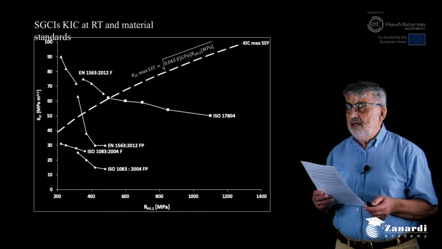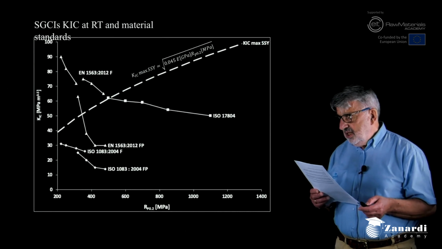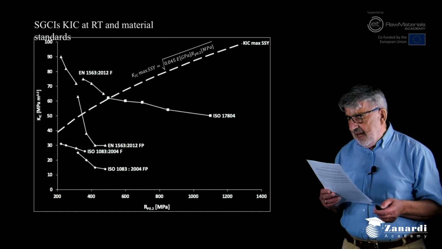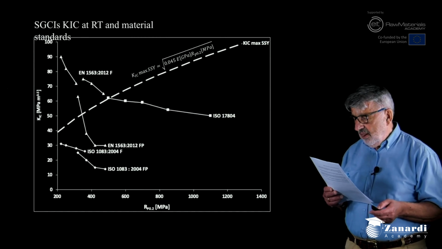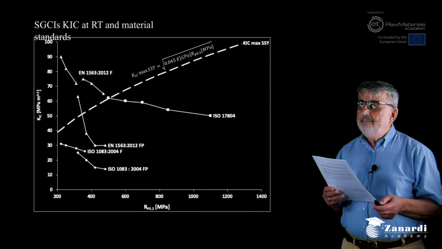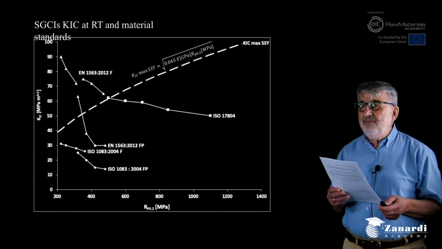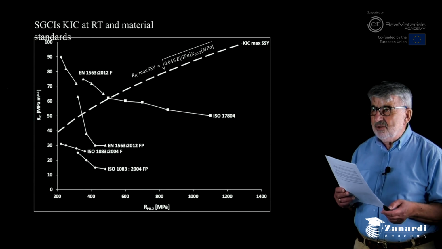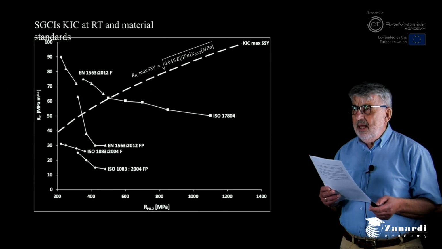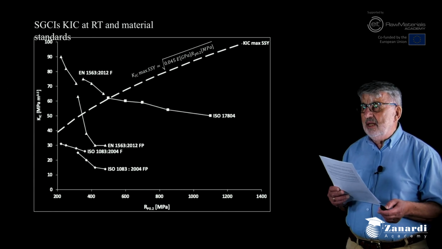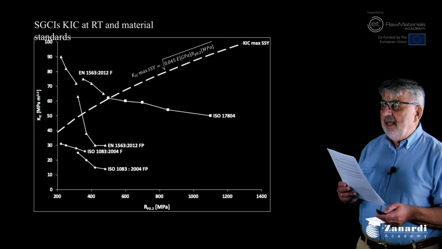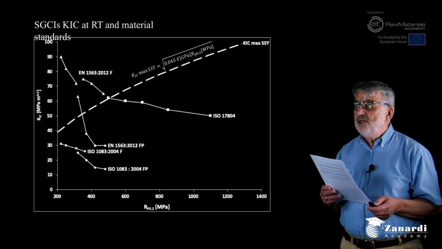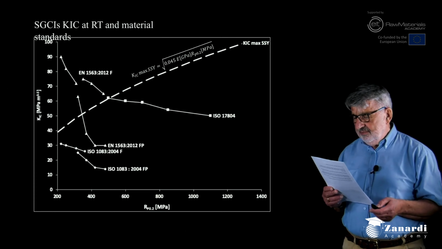In this slide, you see the actual values for ADI as in ISO 17804 that we can accept as valid K1C values. And they are compared with the line of the maximum K1C allowed with a small scale yielding condition.